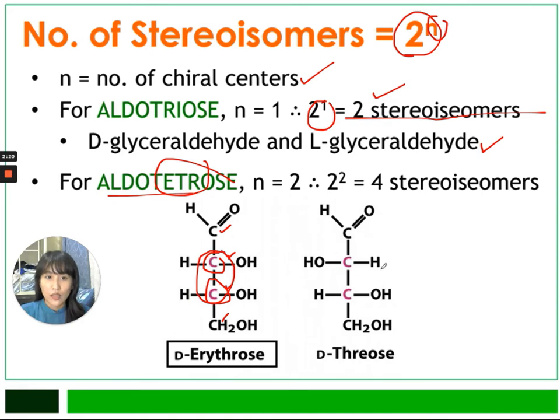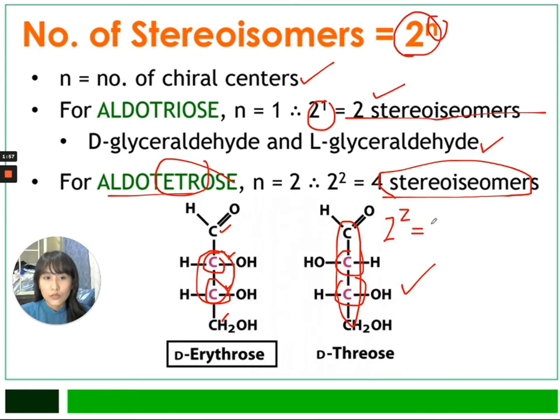If you compute that, 2 raised to 2, you will get 4 stereoisomers. The same applies with D-threose, which has 4 carbon units but only 2 chiral centers, so 2 raised to 2 is equal to 4 stereoisomers.